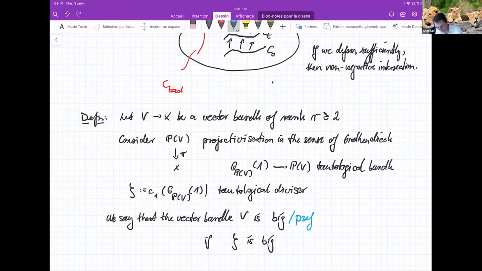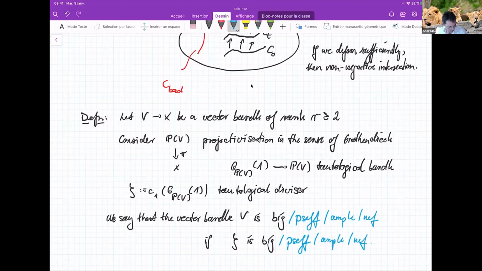This mimics the classical definition that a vector bundle is ample if this tautological class is ample, and then again taking limits, and nef if this tautological class is nef. We just reduce the higher rank case to the case of a divisor, which we think we have understood.